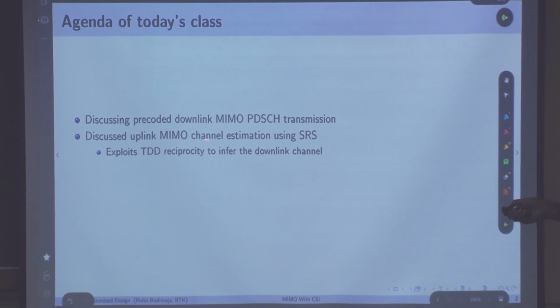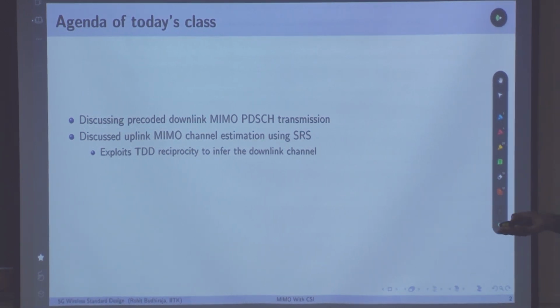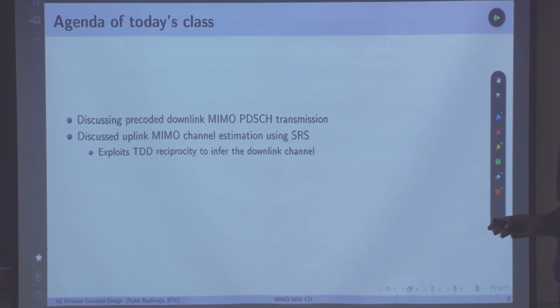Then it exploits TDD reciprocity to infer the downlink channel, which is basically the transpose of the uplink channel. We have to use this with a pinch of salt because in general they are not reciprocal, because the uplink transceiver chains and downlink transceiver chains have different gains.